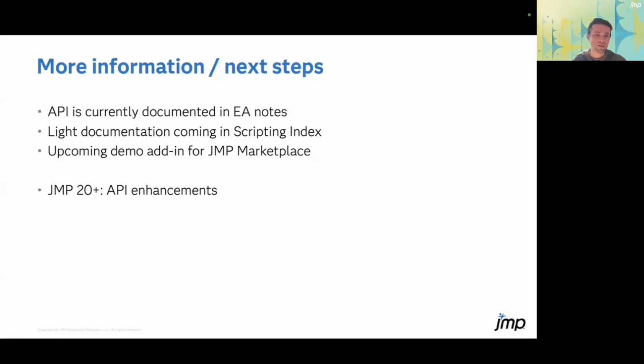And finally, I want to say what we might be doing in the future. So in Jump 20 and beyond, there are additional extensions to this API that we're considering. For example, you might have noticed that in order to process your data, Jump will effectively bring it all in locally, bring in your entire data table because that's what you have to return from open table, and then we'll use it locally, as I mentioned, via SQLite.